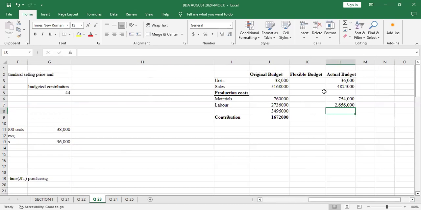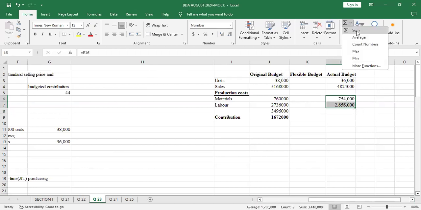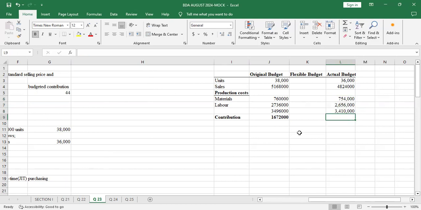So the total production cost under actual will be the sum of those two. The contribution will be sales minus production cost. That gives us that amount there. So now when it comes to flexible budget, we'll calculate what we call the flex factor.